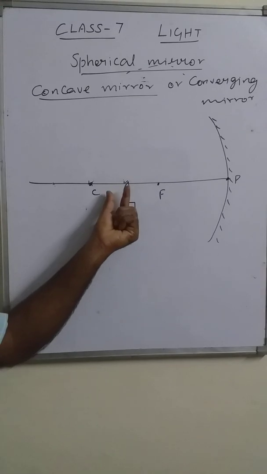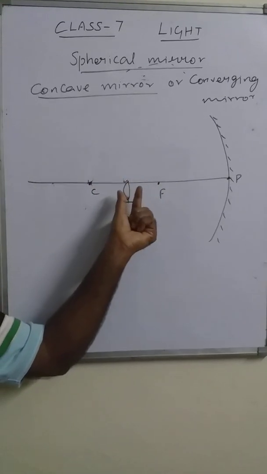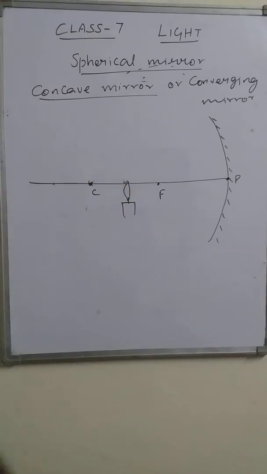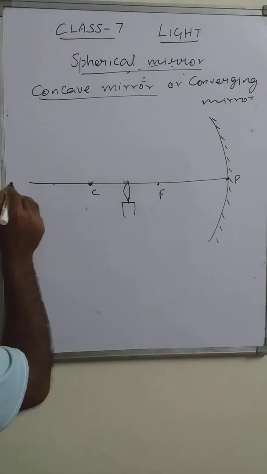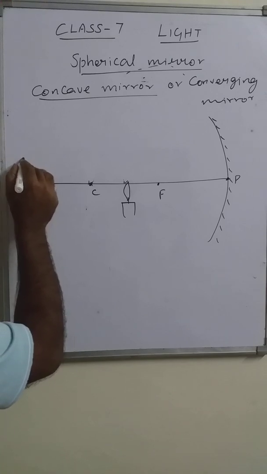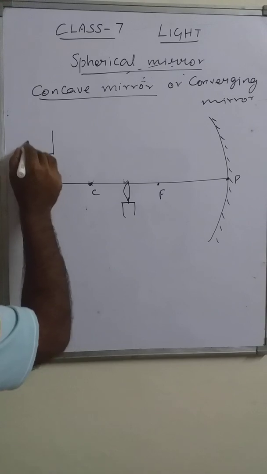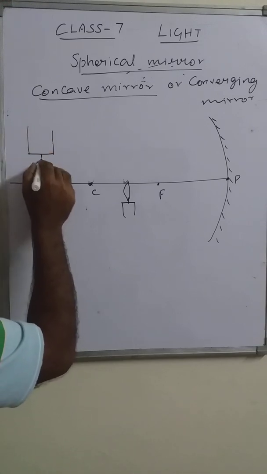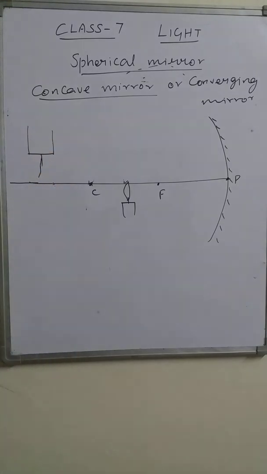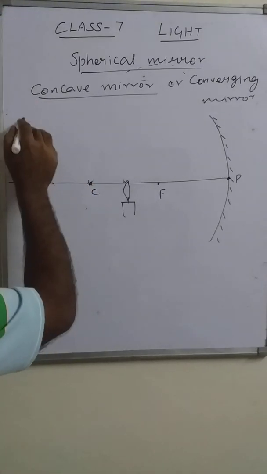Okay, if we move the candle flame from the center of curvature to the position between the center of curvature and focus, the image is shifted one step away from the mirror. Here we get the image like this. Here you will see that the flame of the candle will be very large, much bigger than the actual size of the flame.